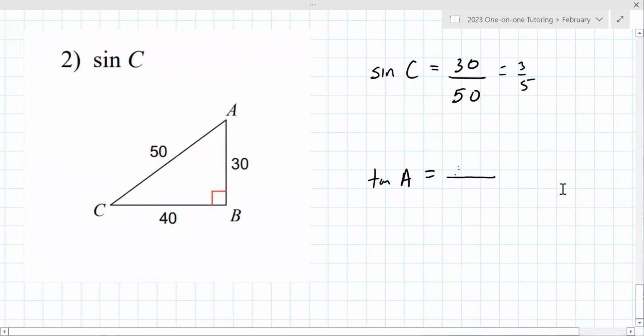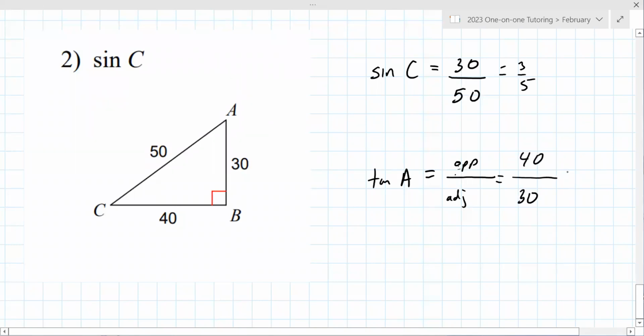Because opposite over adjacent, adjacent over hypotenuse. No, tangent is opposite over adjacent. Okay, opposite and adjacent. Opposite is 40 and 30.